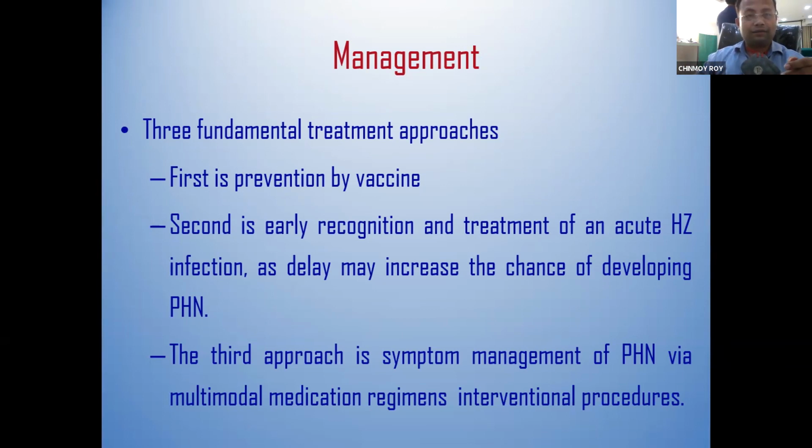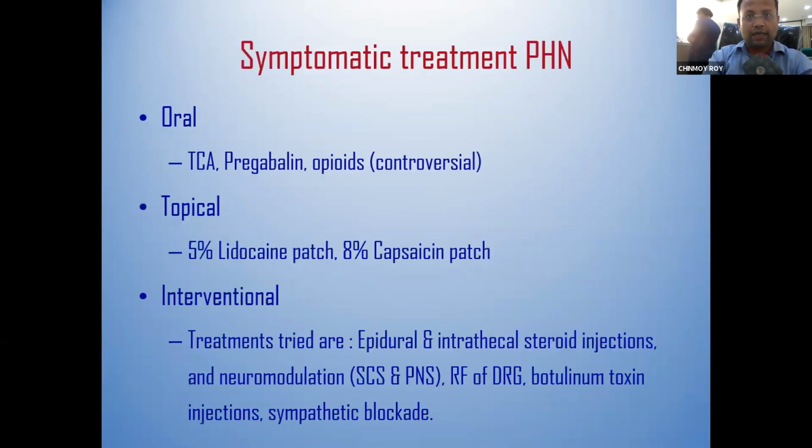And the third approach is symptom management of post-herpetic neuralgia via multimodal medication regimens and interventional procedures, everything. Last day, I showed you the WHO ladder approach. Here this is a severe pain, so we will start at the fourth step: intervention, medicine, everything to decrease the pain.